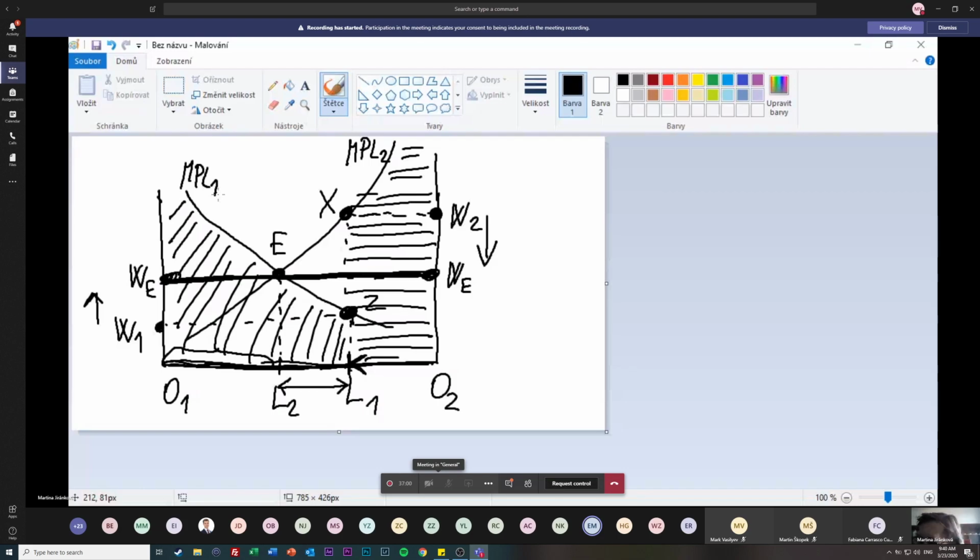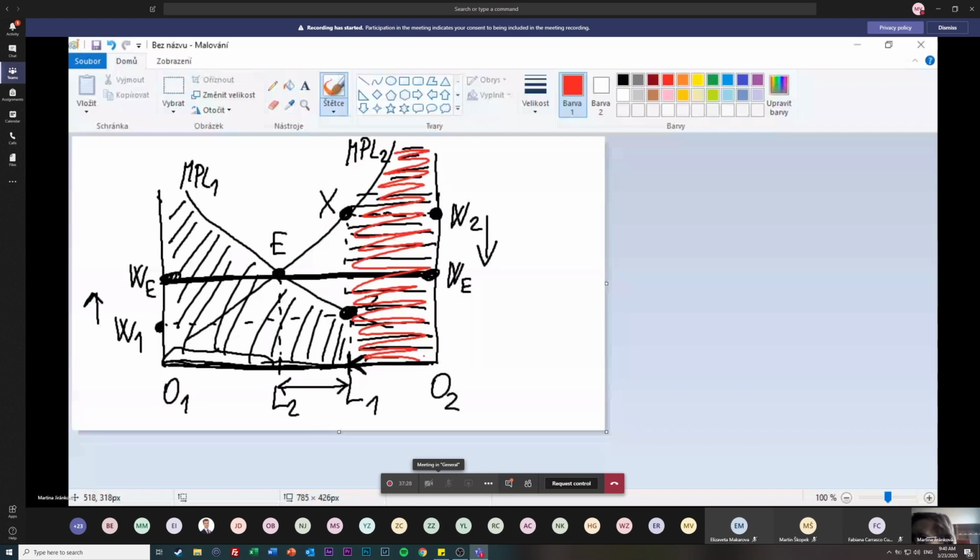Yes, thank you. So once more, in the first country, you can see under the marginal product of labor, number 1, this is the hatched area finishing in ZL1.